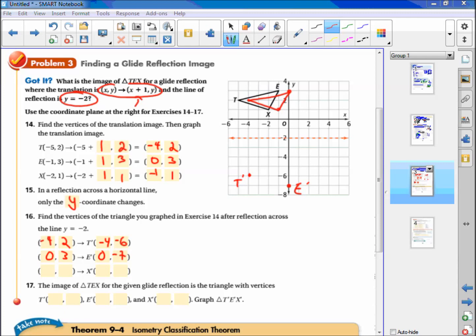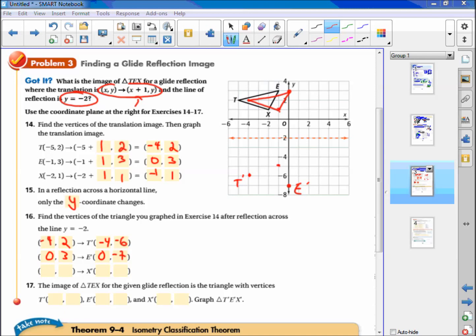All right, and then X currently is 1, 2, 3, perpendicular to the line of reflection. So when I move it down, I'll go 1, 2, 3, and put it here. All right, so let me erase that work in there, and then we'll put X back in the right spot.